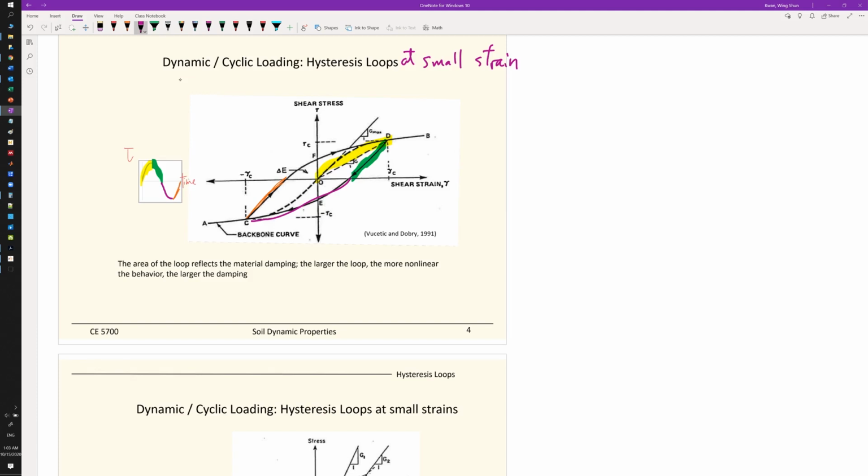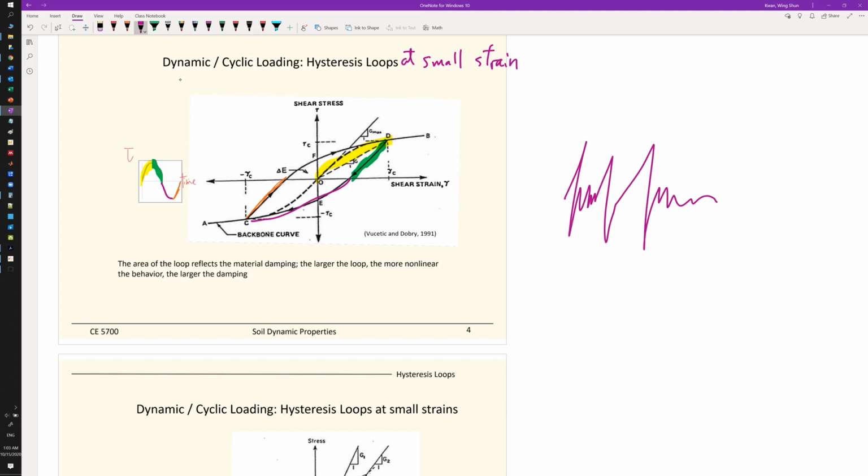But in fact, a real earthquake will be a series of random pulses with different amplitudes and also frequencies. So this is more like an earthquake loading. But now we just simplify it as a series of uniform amplitude loading.